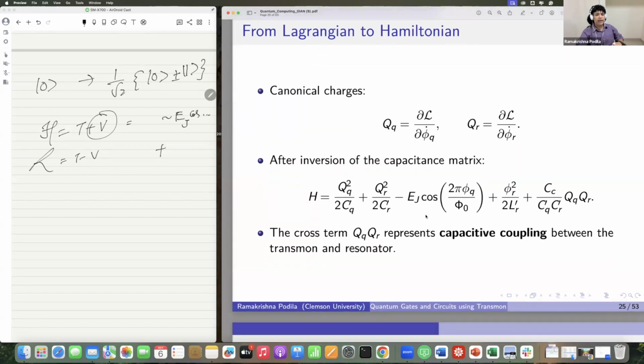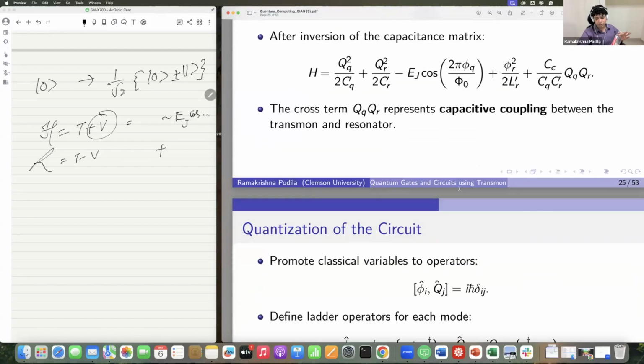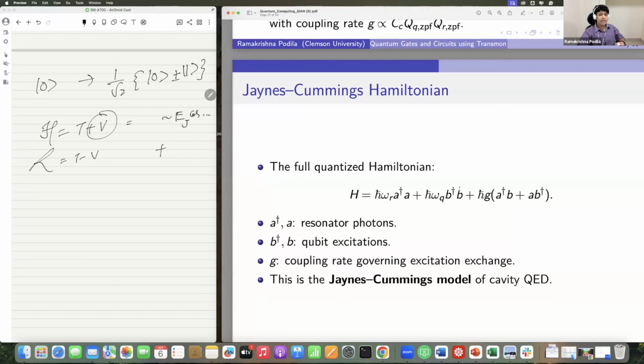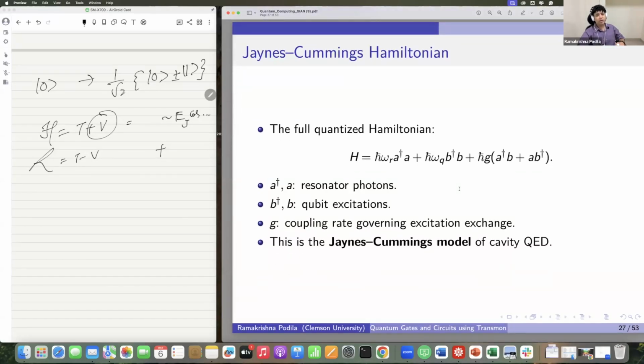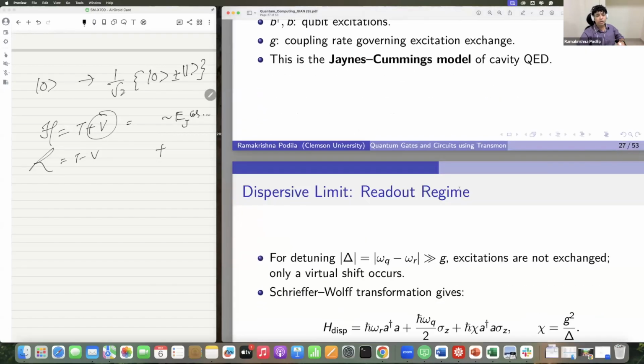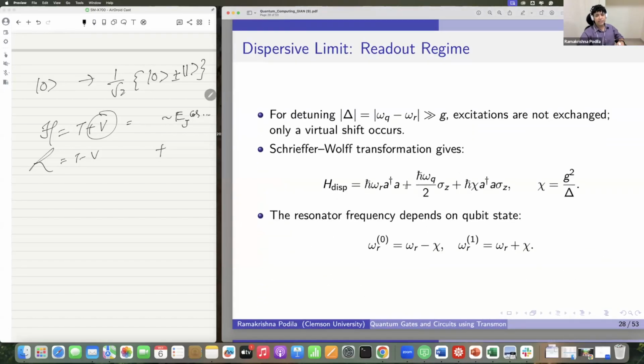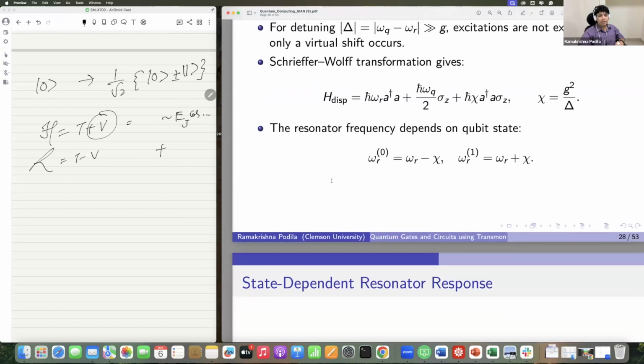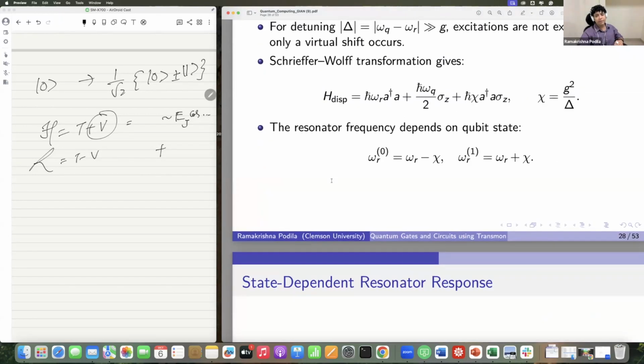And so you can derive all this, which I'm not going to go into. Ultimately, what you get is this thing called the Jaynes-Cummings Hamiltonian, which tells you how you are actually reading the qubit. So when the microwave pulse is applied, the resonator frequency shifts either up or down based on whether the qubit is in the 0 state or 1 state, because of the way this Hamiltonian is.